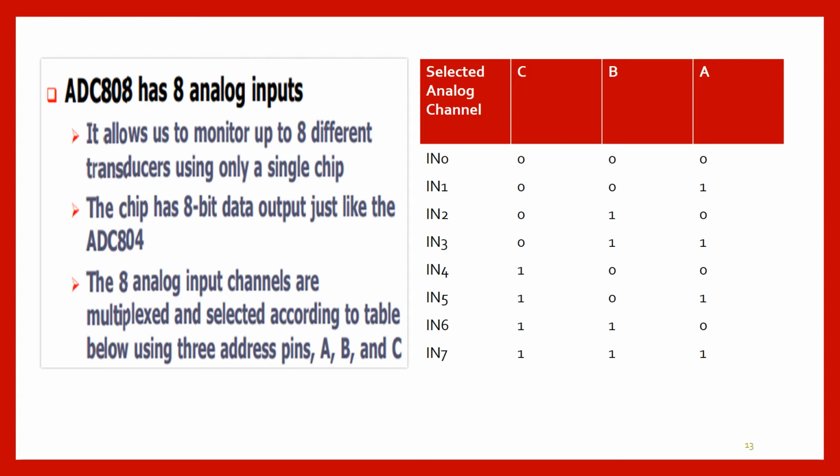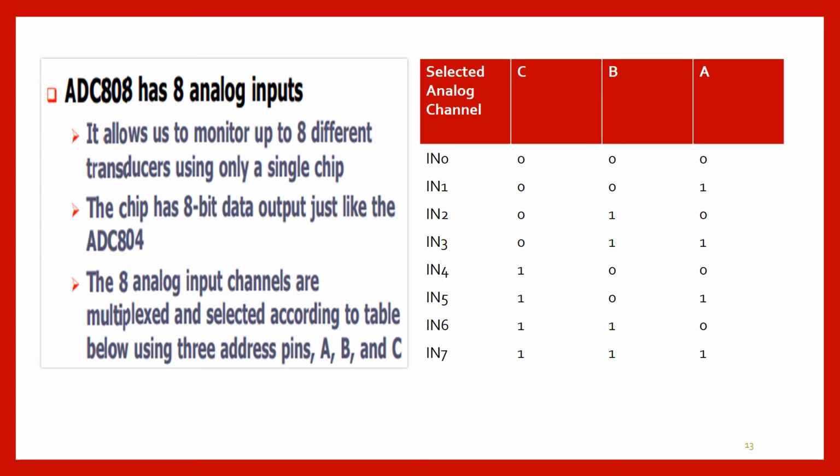This chip has 8 inputs, like here 0808 is with 8 inputs. 0808 or 0809 allows us to monitor up to 8 different analog inputs with only a single chip, and 8 data output, same as 0804.